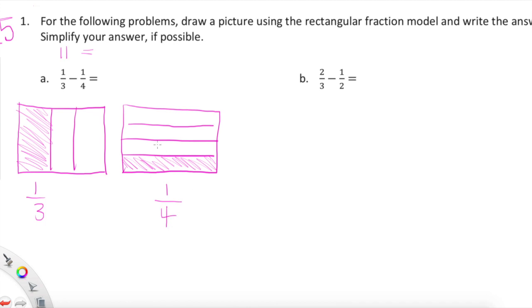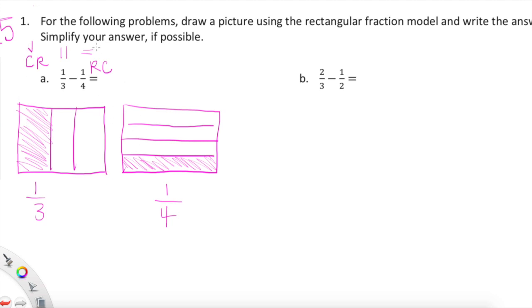And now what we need to do is find a common denominator. 3 and 4, as you guys know, are not the same number. We cannot subtract here until we have a common denominator. So we did columns, rows for 1/3. And we're going to do RC, rows, columns for 1/4. We've done our columns for 1/3.